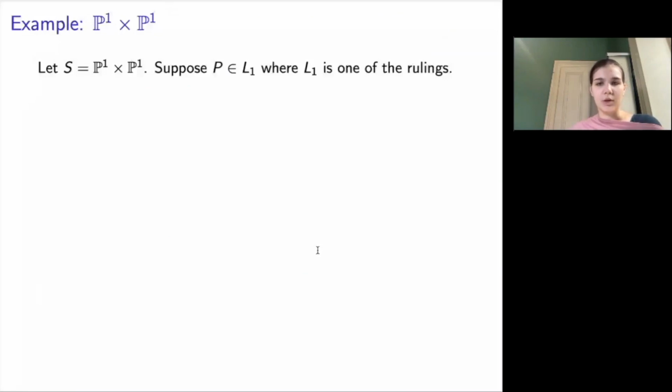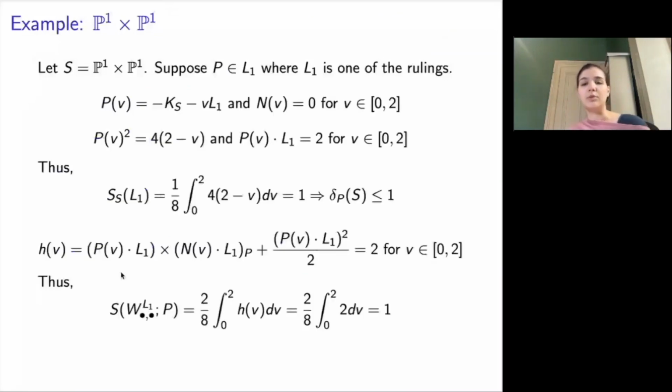So we compute our function h and the SW integral, which will give us also 1. So in this case, our local delta invariant will be greater or equal than the minimum of 1 and 1, and it will be just 1. So we can see that for all the points on our P1 cross P1, the local delta invariant is just 1.